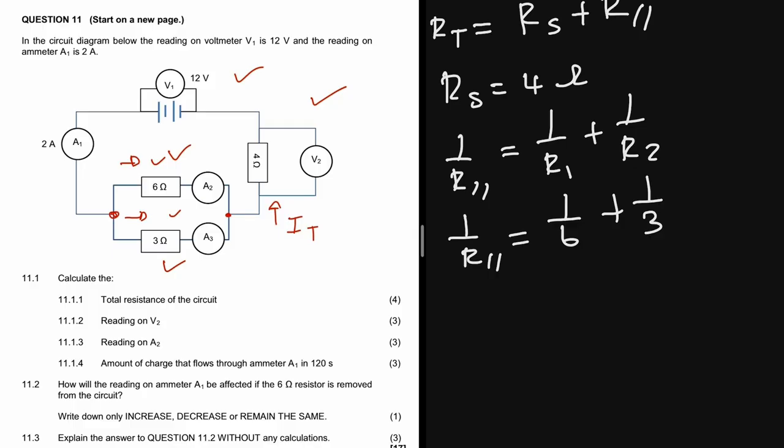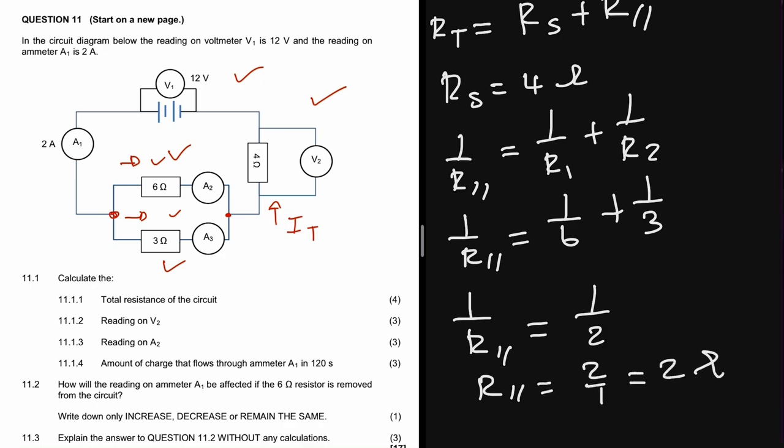When we add 1 over 6 plus 1 over 3, we get 1 over 2. But we are not looking for 1 over R parallel, so we must take the reciprocal. R parallel will be 2 over 1, which is 2 ohms. So we have R parallel as 2 ohms and R series as 4 ohms.